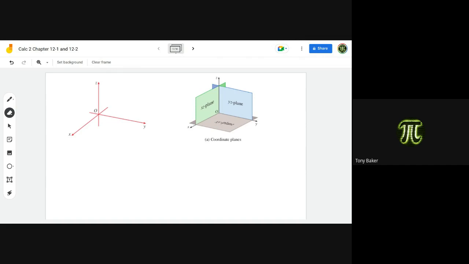So three-dimensional space, you have X, Y, and Z when you do your points. Typically, if you're looking at it on a piece of paper, your X comes out of the paper, so that's your X. Your Y is kind of like your X if you were looking at it flat, and your Z goes up.